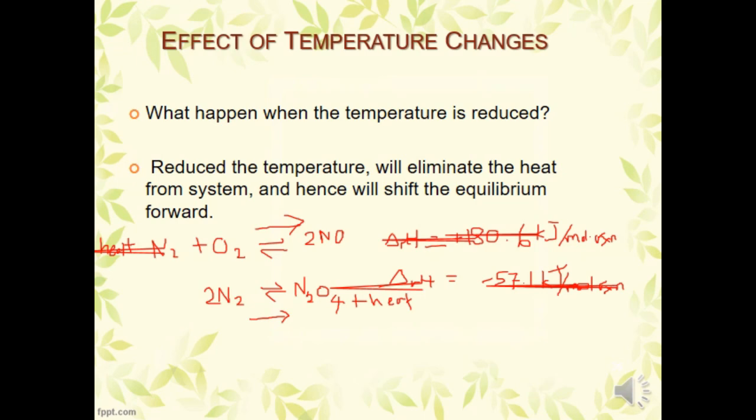So that's why K will be larger at lower temperature for an exothermic process. This is actually explaining the table in the previous slide.